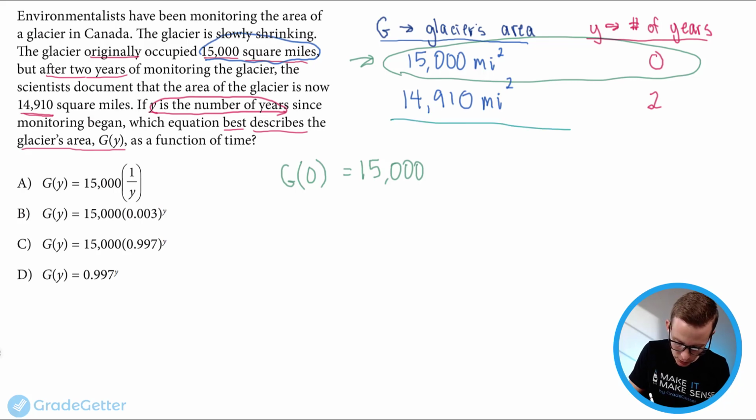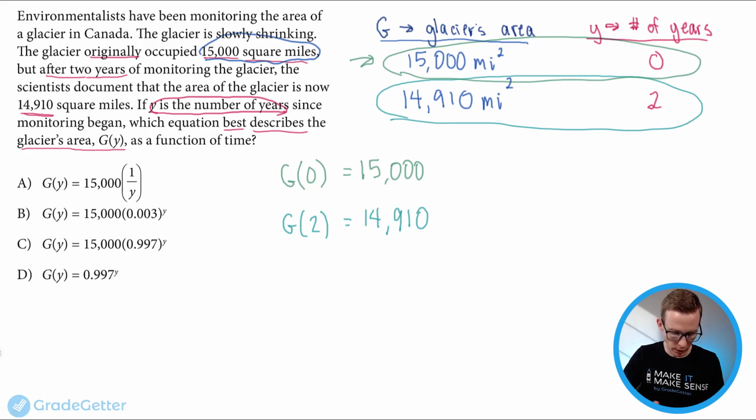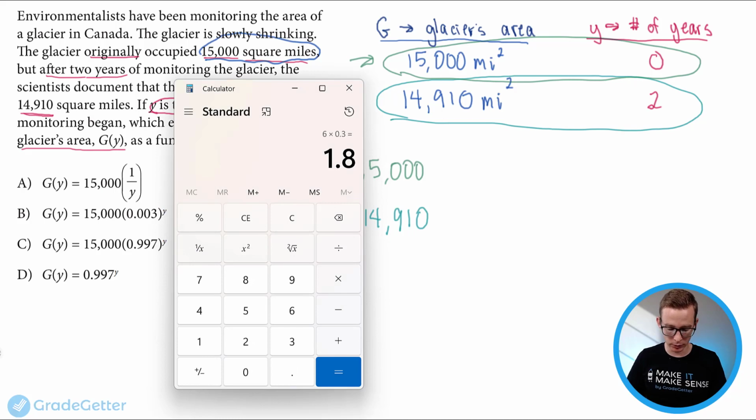And then g of 2 should be 14,910. And so we have different options that we could choose from to plug in our values. Remember, for this portion of the test, we can use a calculator, which is really great.